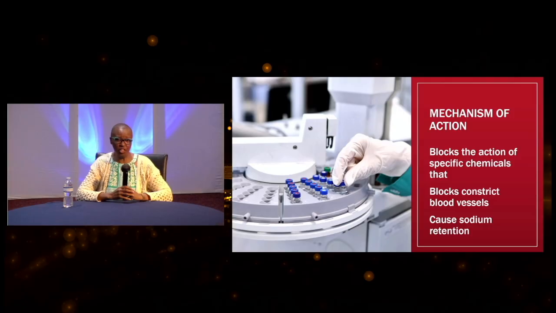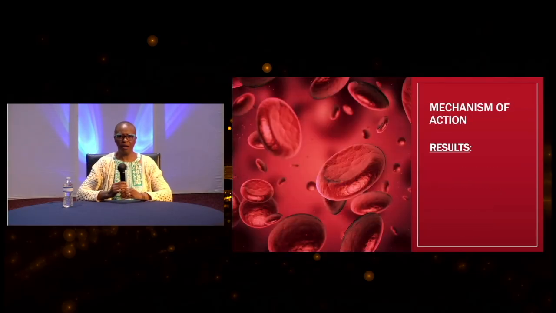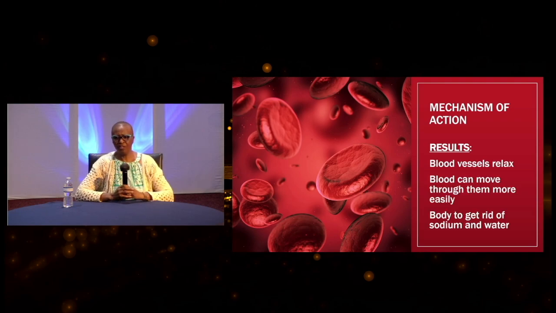But in addition to doing that, they also cause you to retain sodium. Again, it's a trade-off. So we're going to have to monitor your sodium. So when you take these angiotensin receptor blockers, your blood vessels are going to relax the same way the calcium channel blocker did.